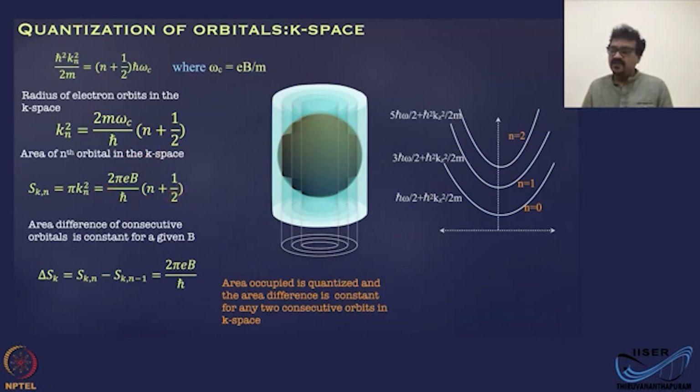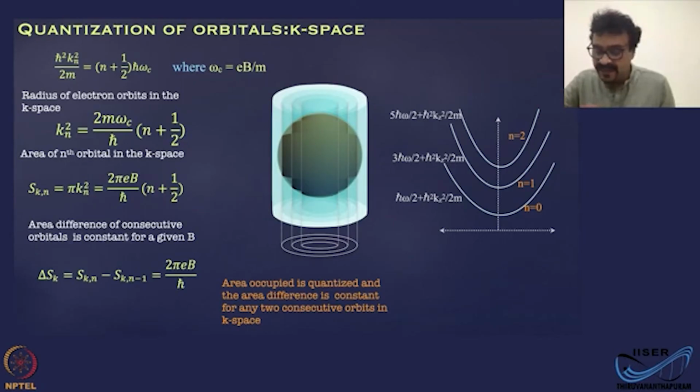Now what you are seeing here is the area for any given B field cannot take any arbitrary value. It's always 2 pi e B by h bar times n plus 1 by 2, where n is 1, 2, 3 like that, for any given B field.